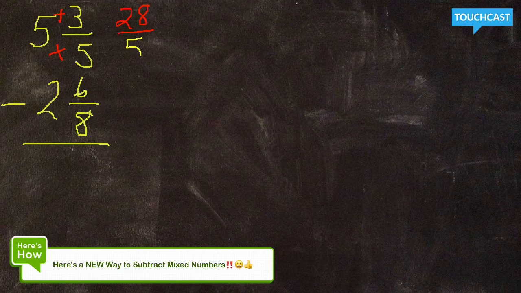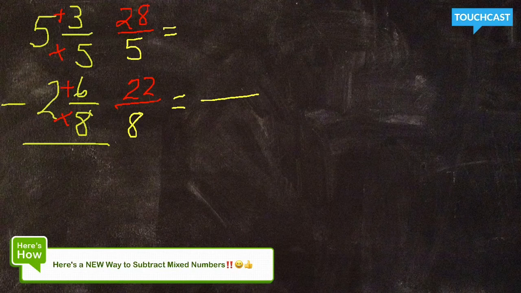We're going to do the same down here at the bottom. So we're going to multiply, then add, and 2 times 8 is 16, plus 6 more is 22, and then again the denominator stays the same. Now we still need to subtract, and we cannot subtract when the denominators are different, and so we need to come up with our list of multiples for 8 and 5.